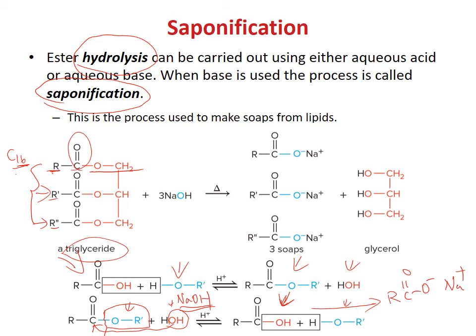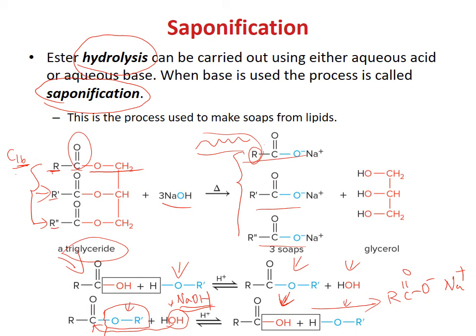When a triglyceride is treated with sodium hydroxide, it gives you 3 carboxylates. So this is a carboxylate, carboxylate, carboxylate. Remember, R is a very long chain. So this part is hydrophobic, meaning it does not like water.